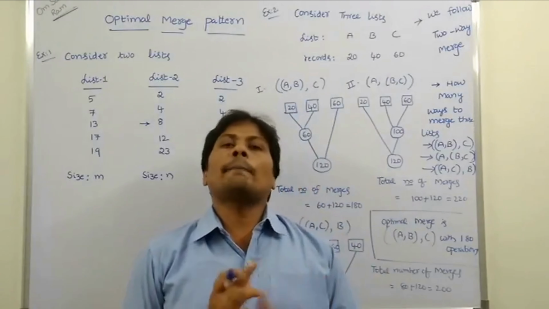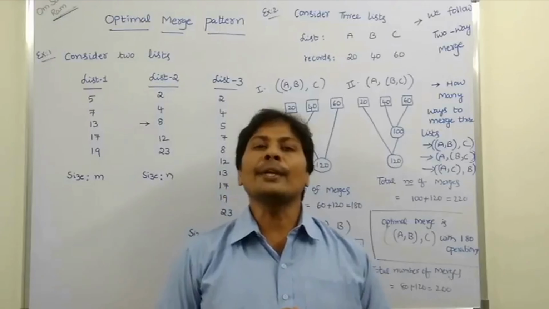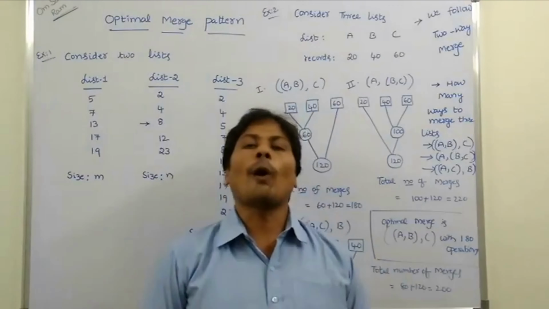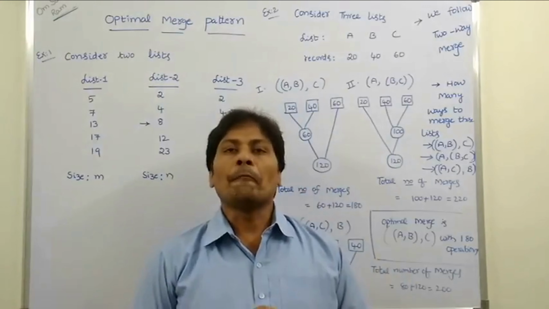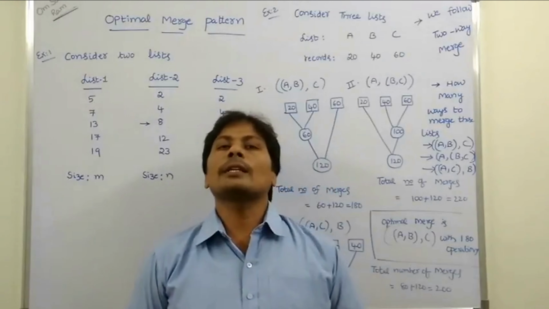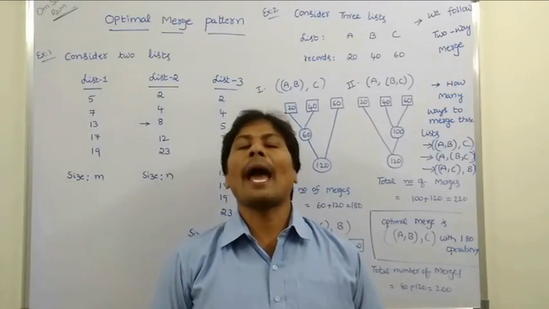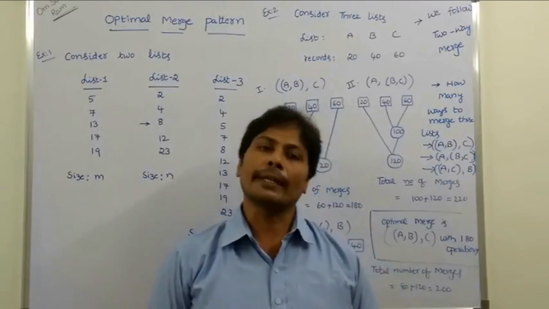Optimal merge pattern is one of the applications of the greedy method. What is the purpose of the greedy method? The greedy method is mainly used for obtaining an optimal solution. An optimal solution is nothing but a feasible solution with the maximum or minimum result.